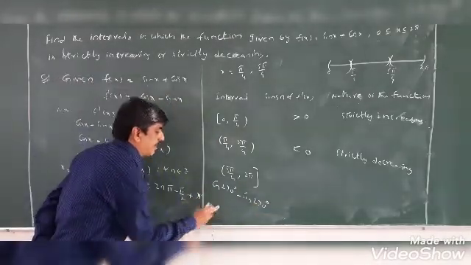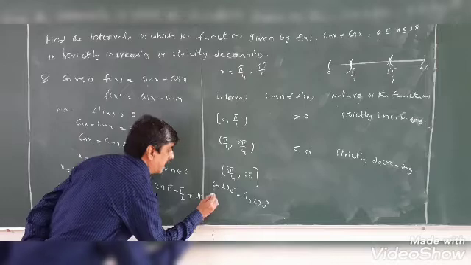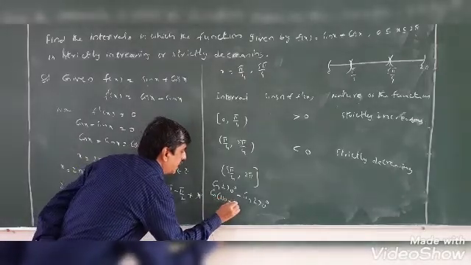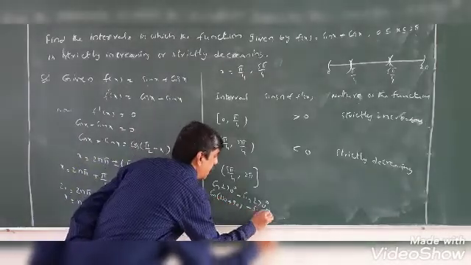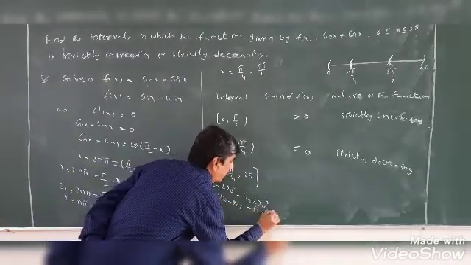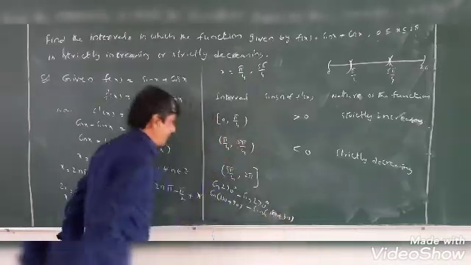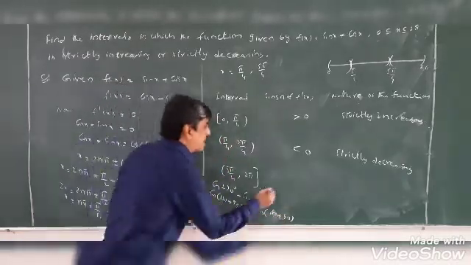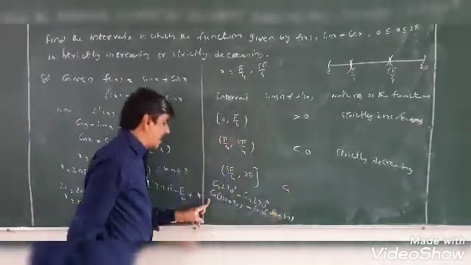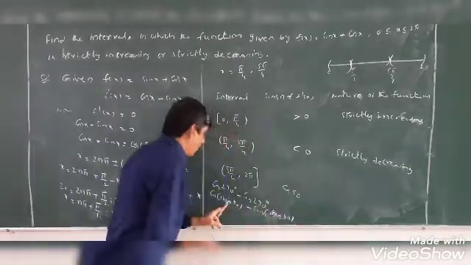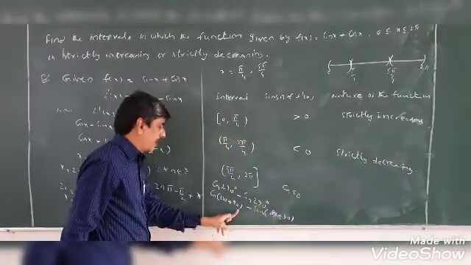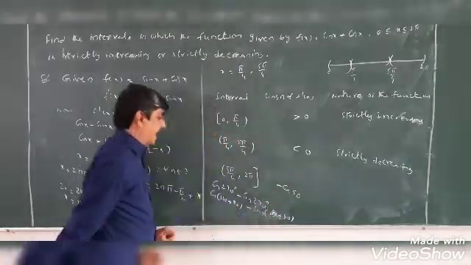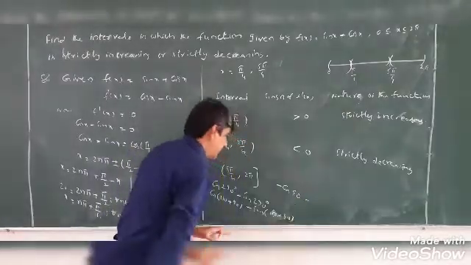Cos of 270 means cos of 180 plus 90. 180 plus theta is in the third quadrant, so cos is negative: minus, and sin comes 90.